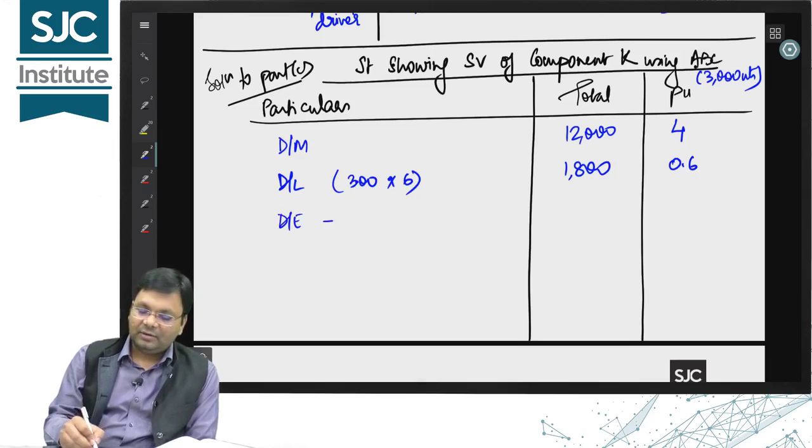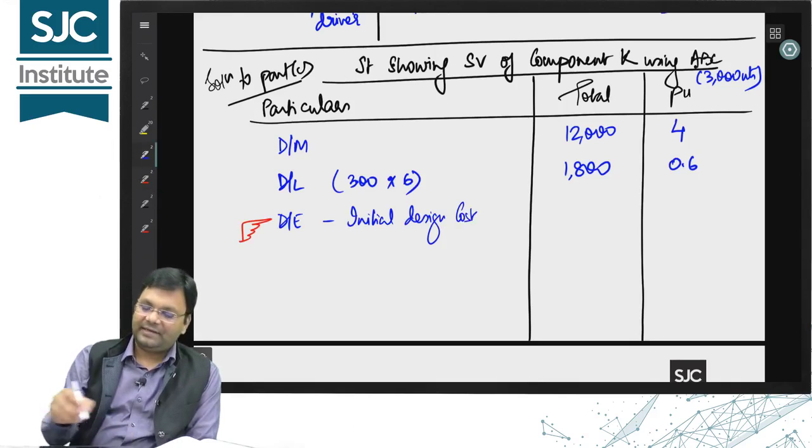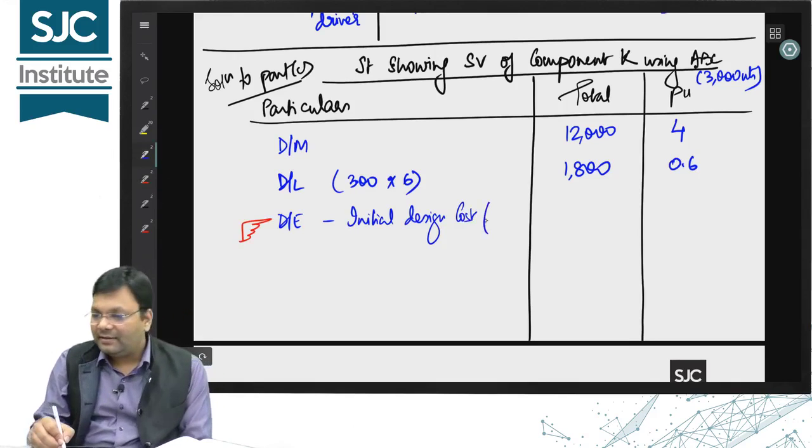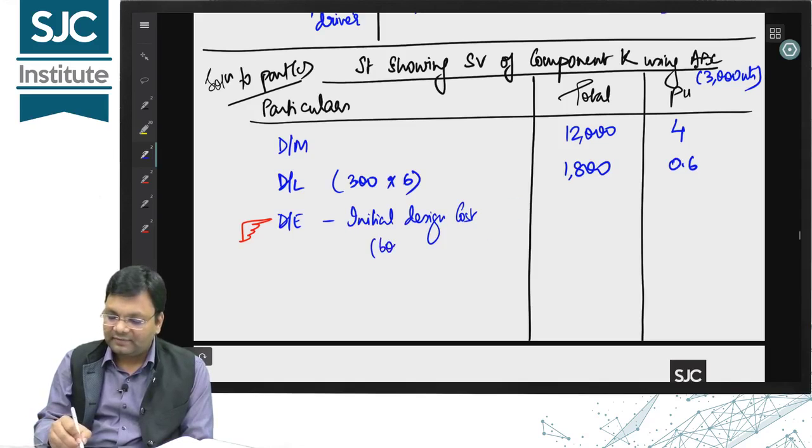Then the design cost is coming under direct expense, initial design cost. So this is something new here which we generally skip. It might get skipped from our eyes. So you need to take this surely. 60,000 rupees is for 24,000 units.